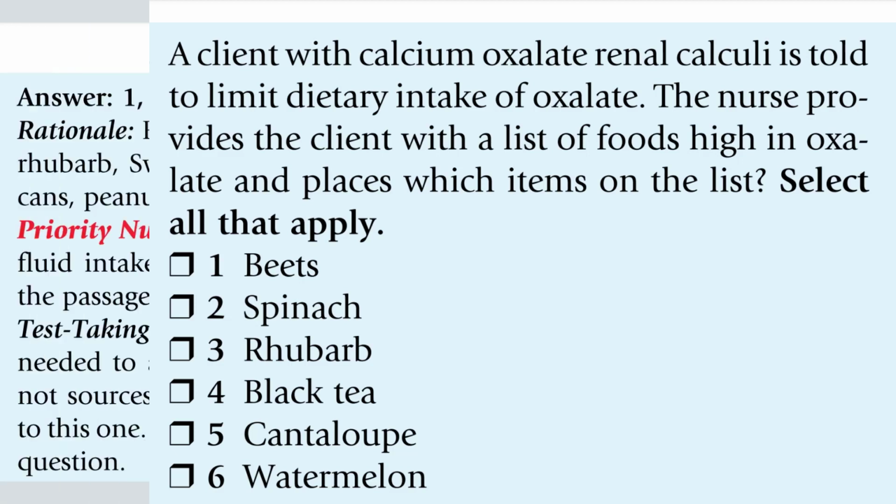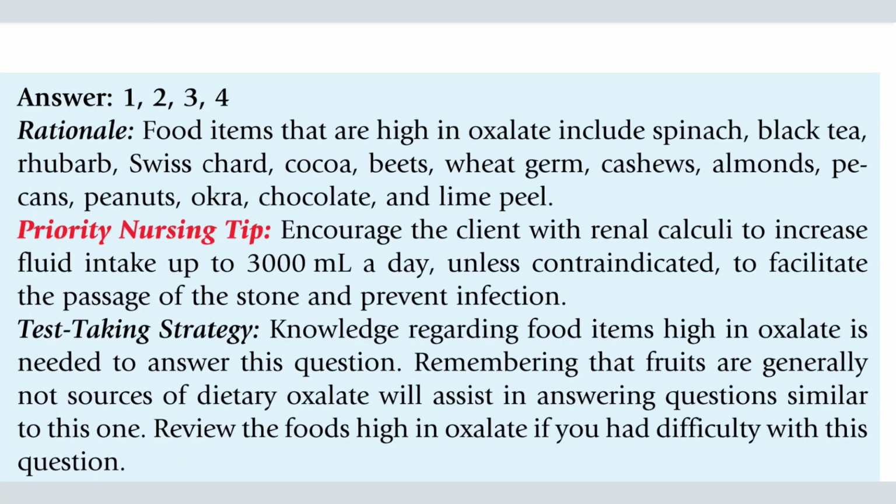Watermelon. Answer: 1, 2, 3, 4. Rationale: Food items that are high in oxalate include spinach, black tea, rhubarb, Swiss chard, cocoa, beets, wheat germ, cashews, almonds, pecans, peanuts, okra, chocolate, and lime peel.